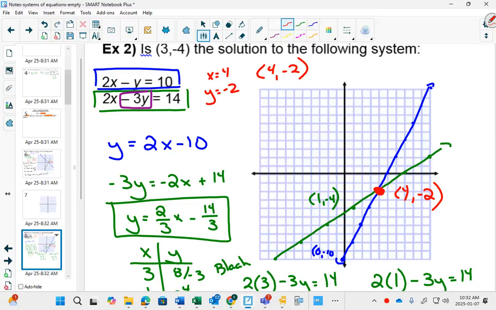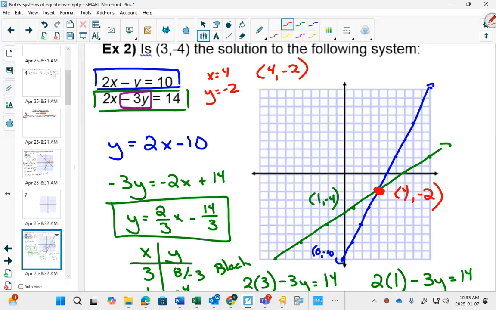Does that work? Is 2 times 4 minus a negative 2, 10? Check the first blue equation's original equation by plugging it in. Check the green equation. Is 2 times 4 minus 3 times a negative 2 equal to 14?